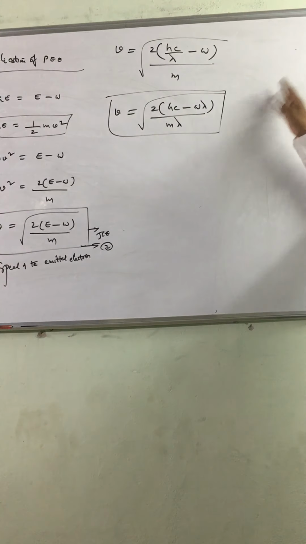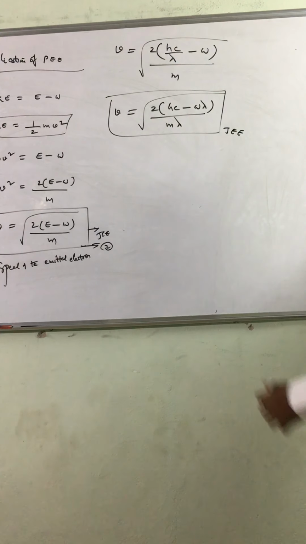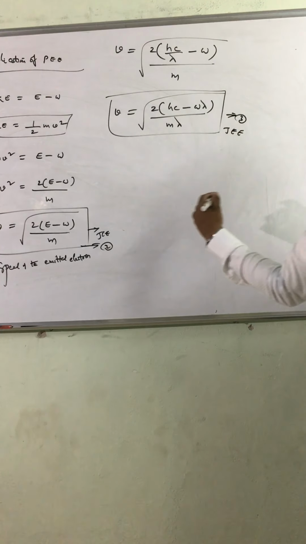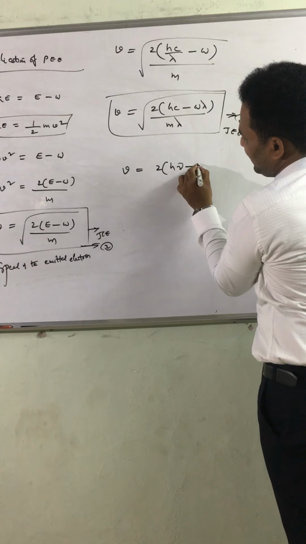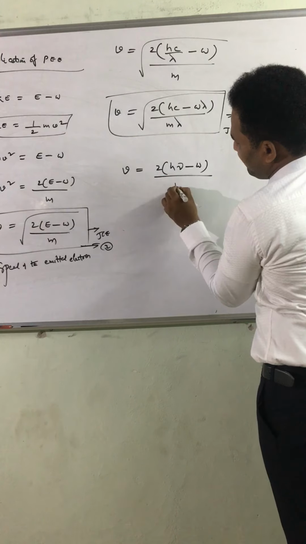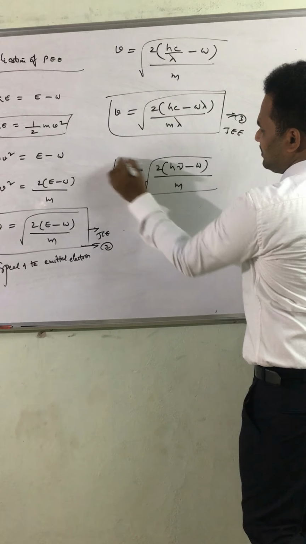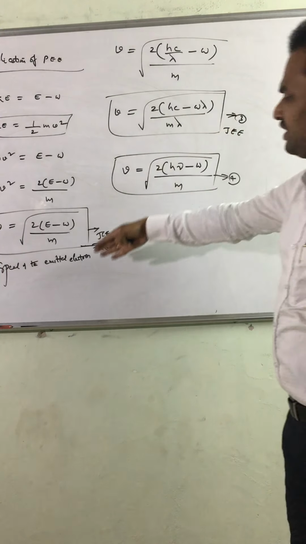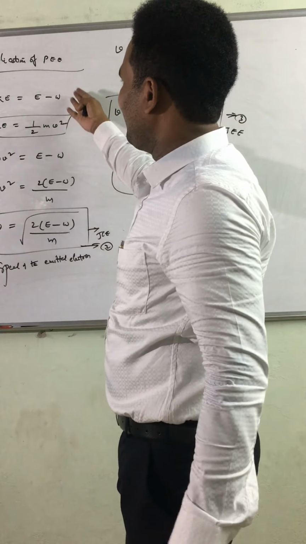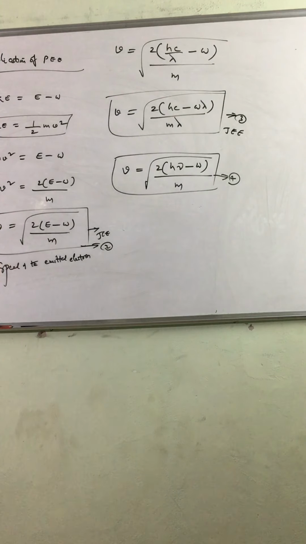We already got this question in previous JEE, right? Equation number 3: V is equal to root over 2 into (h nu minus W) by m. These are the different equations of speed of the emitted electron while we are calculating by using Einstein's photoelectric equation.